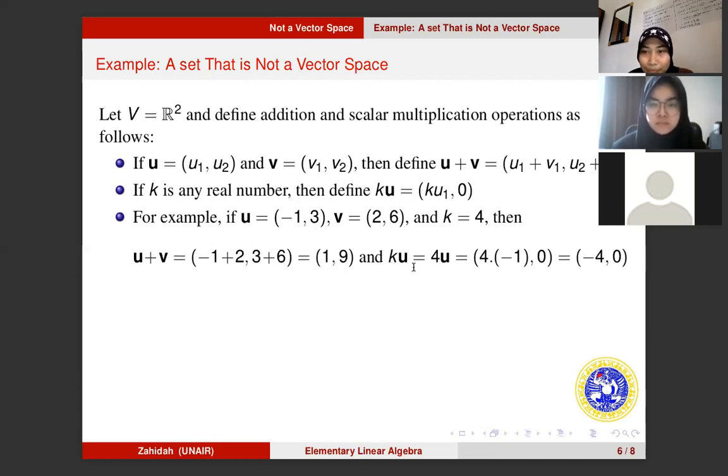And be careful for this multiplication. K times u equals 4 times u. Remember this formula. It means 4 times the first component of u. We have minus 1 here. The second component always 0. So we have minus 4, 0 here.